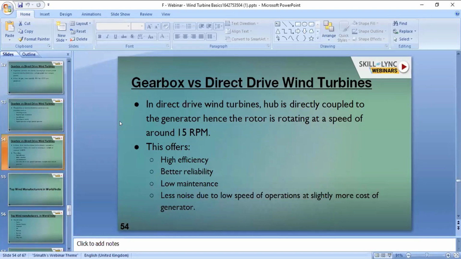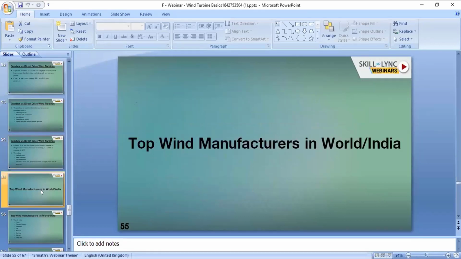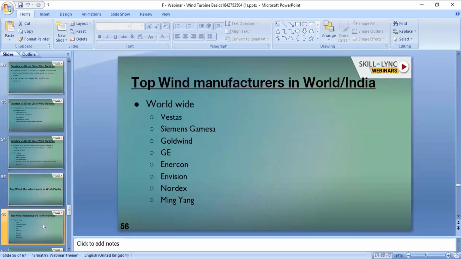But of course, it has a slightly higher cost as compared to the asynchronous machine like DFIG.